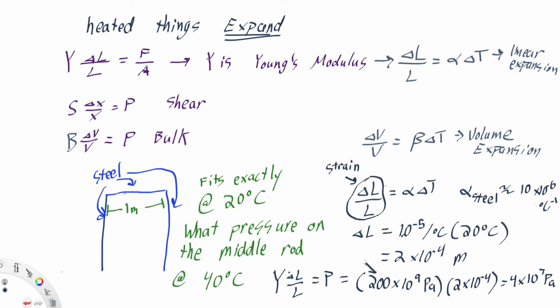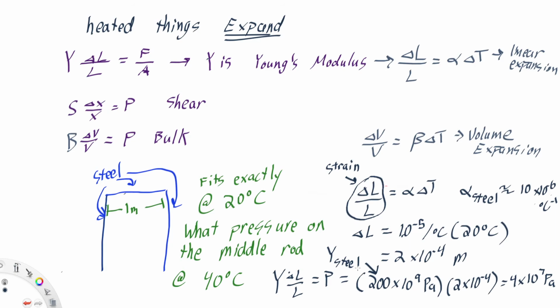So this is the Young's modulus for steel. Again, look that up on Engineering Toolbox. It's 200 gigapascals. Giga is billion, so 10 to the 9. So this is actually a pretty large number, right?